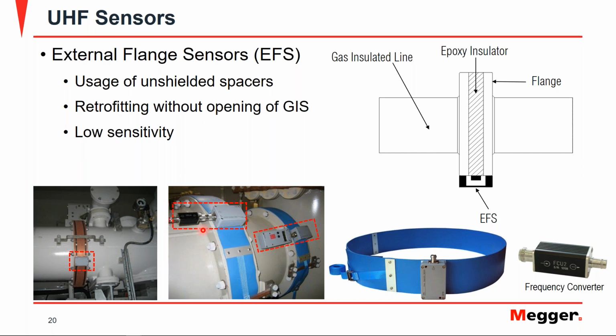It converts the high frequency measurement down to a lower frequency in the area of 1 megahertz for the acquisition system. And over here we just have the impulse generator. So it looks like they're doing an on-site sensitivity check, which we'll discuss a little later. Ultimately, these do have a little bit lower sensitivity since you're decoupling the UHF signal externally to the GIS.